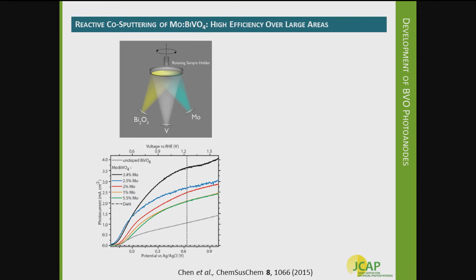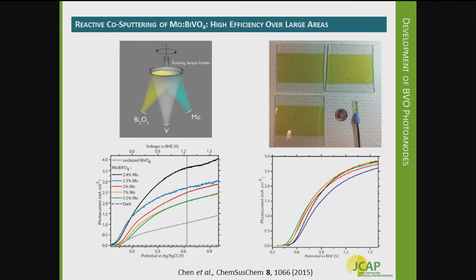One approach that's been pursued in the past is doping of the material. Within JCAP, we've now developed scalable methods of doped bismuth vanadate synthesis based on reactive co-sputtering. This is a complicated process, but it's highly reproducible and repeatable. And in fact, we were able to obtain very high photocurrent densities with an optimum doping concentration of about 3.4% molybdenum in the films.